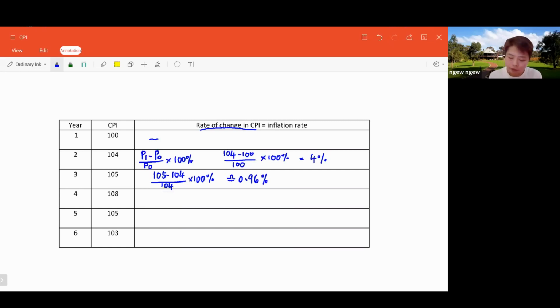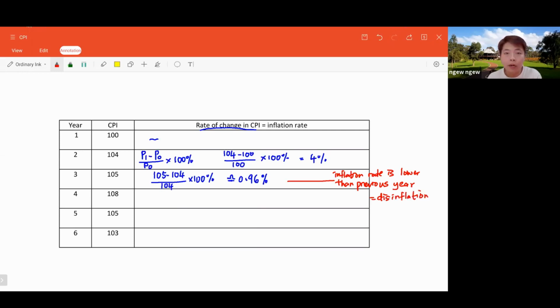Now jot down: this year, the inflation rate is lower than the previous year. This situation we call disinflation.